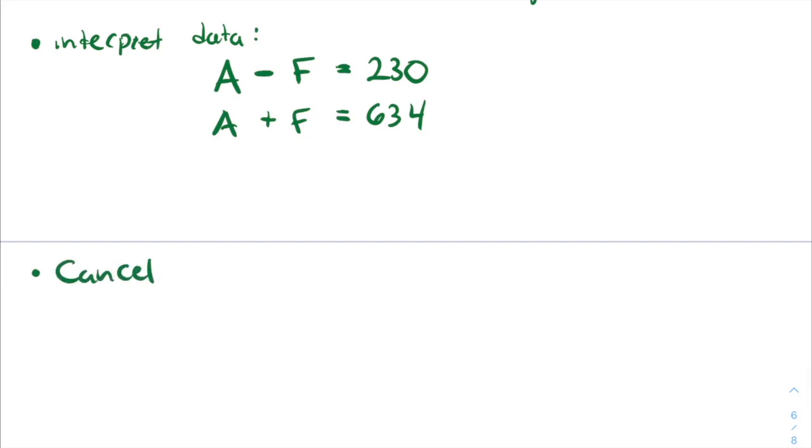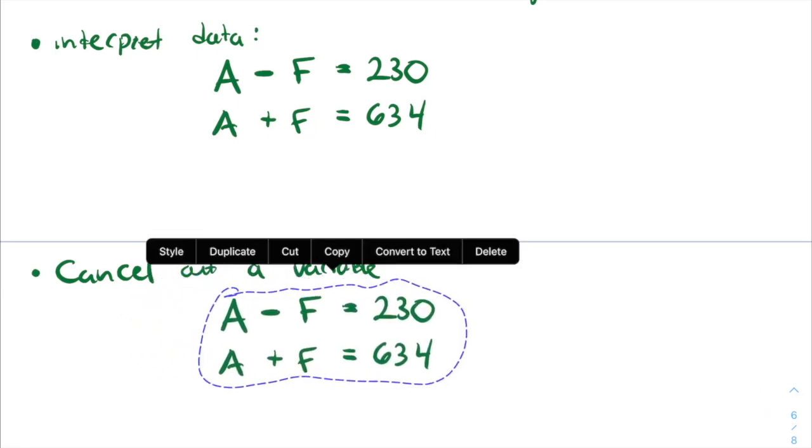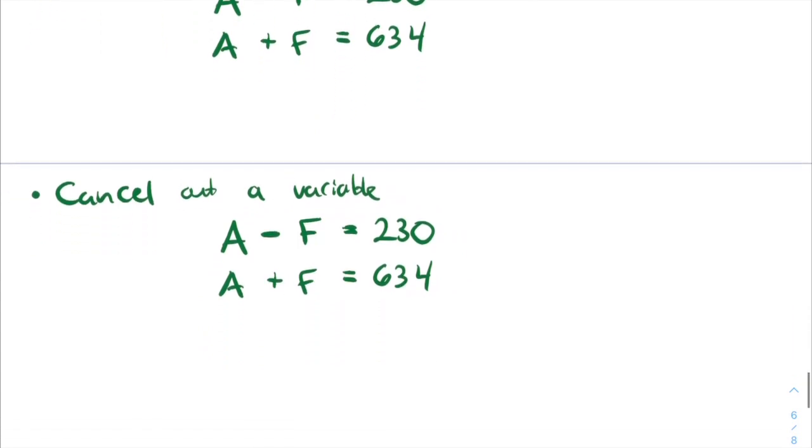Now let's try to combine such that we cancel out a variable. Here I see a positive F and a negative F, which means I might be able to just add these two things together.